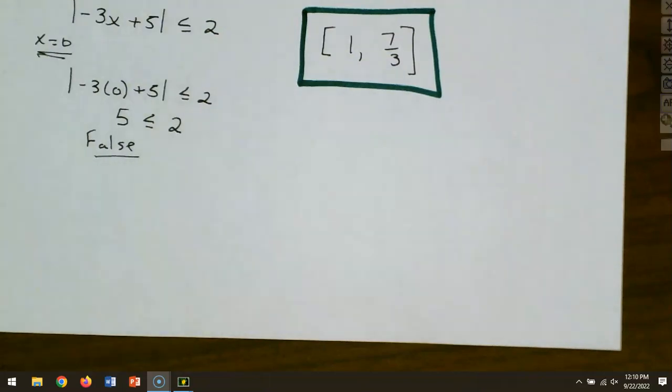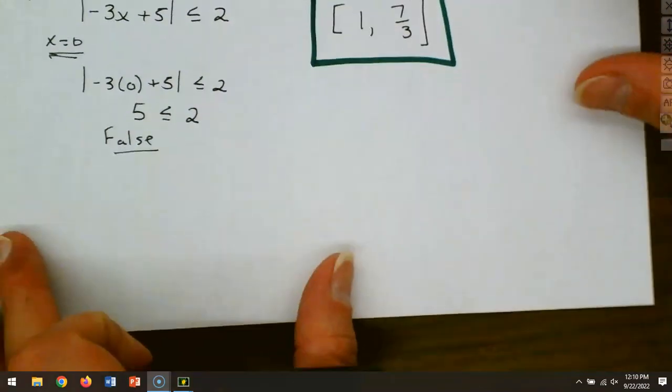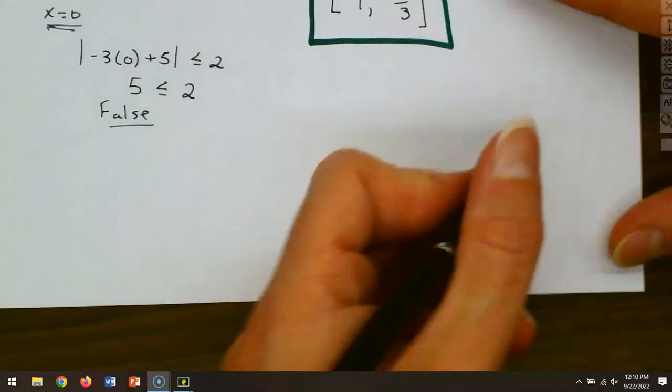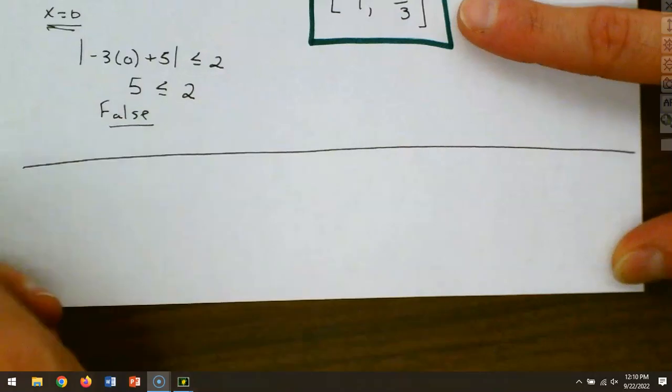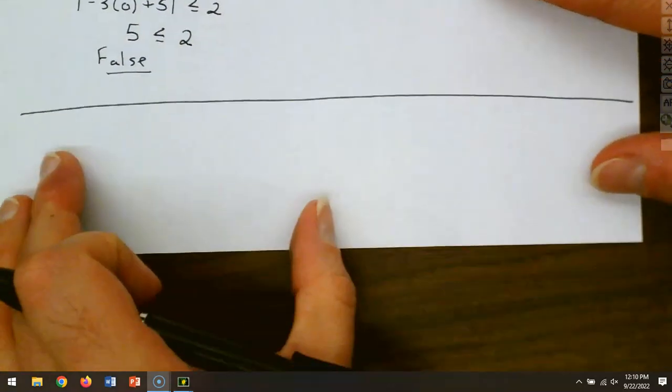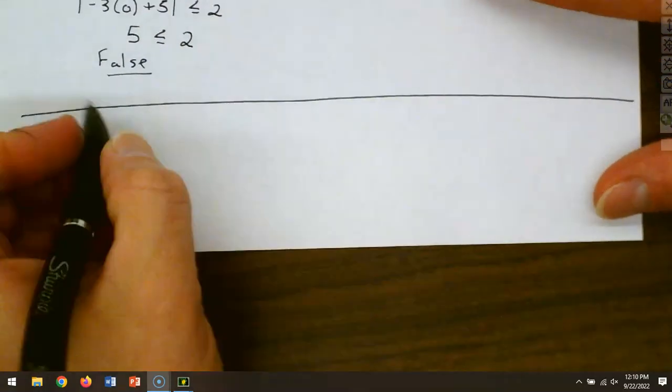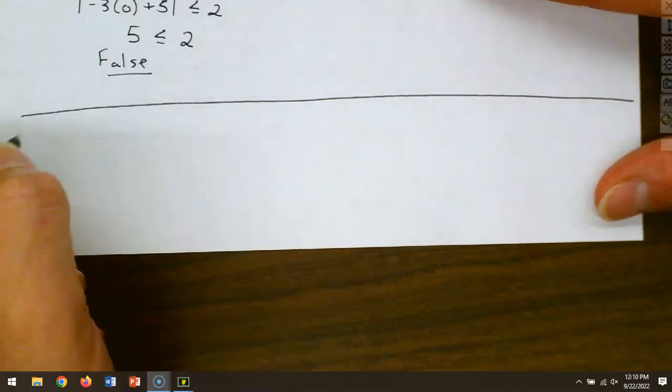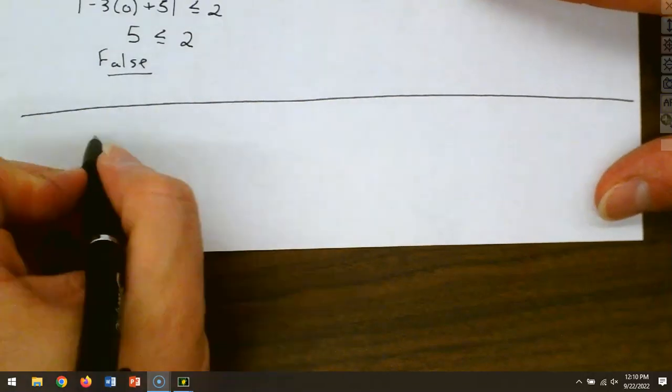Okay, so what are we going to look at now? We're going to look at the special cases, and these are going to be when the right-hand side is negative. When the right-hand side is negative, it changes everything. We're still in 1.8. We're still looking at absolute values, and we're going to look at when the right-hand side is negative.